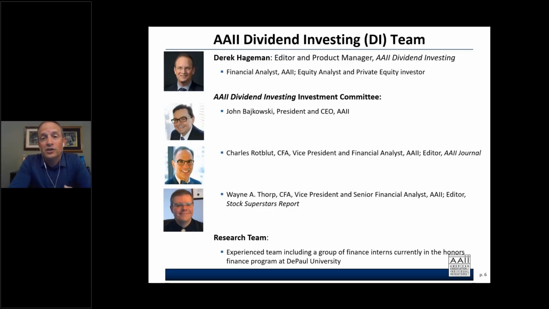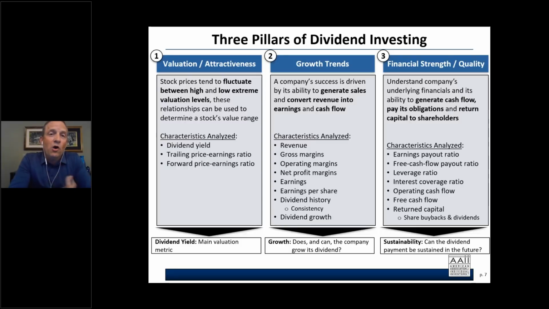And of course, I have to mention the great research team that we have at AAII. We have a very experienced team. It includes a group of finance interns that are currently in the honors finance program at DePaul University. So we have some great young minds doing a lot of the company research.